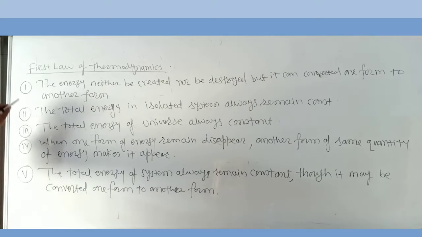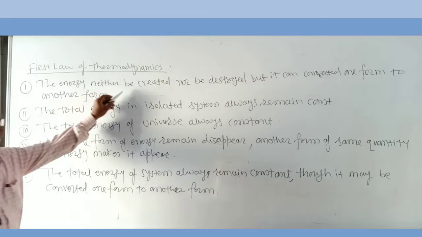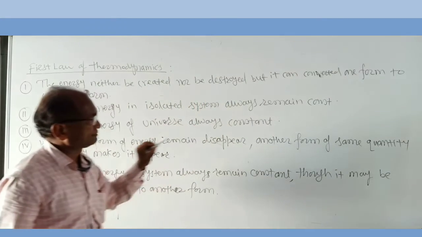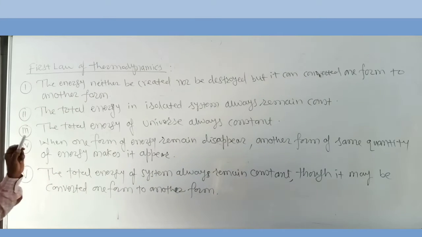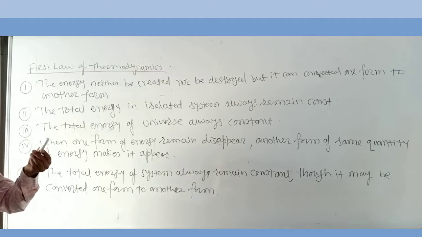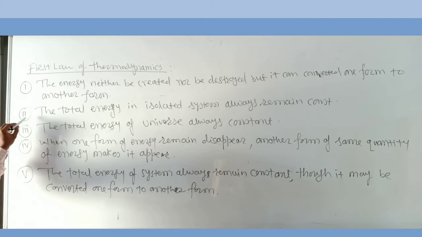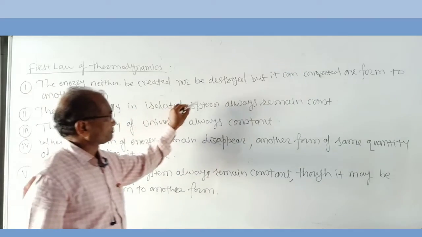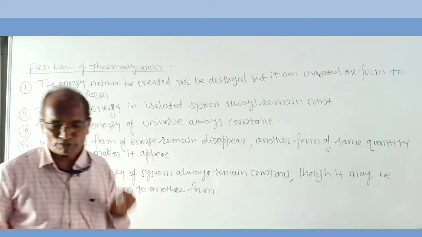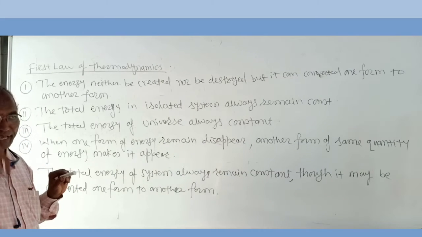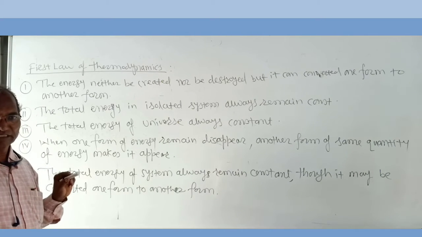See again, number 1: energy can neither be created nor be destroyed, but it can be converted from one form to another form. This is the known familiar statement. Second, the total energy in an isolated system always remains constant, because in an isolated system there is no loss or gain of heat between system and surroundings.